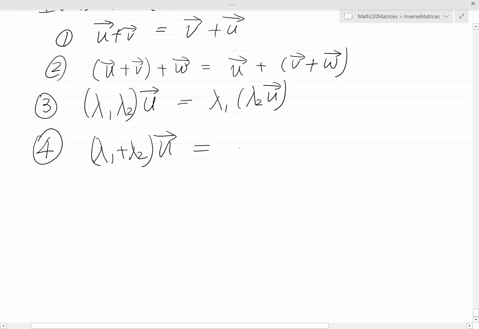Distribution law for scalar multiplication. Okay, then zero vectors. Uniqueness of zero vector.